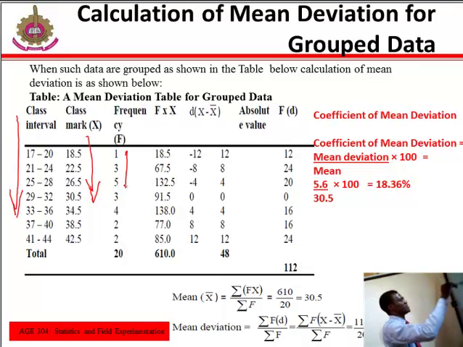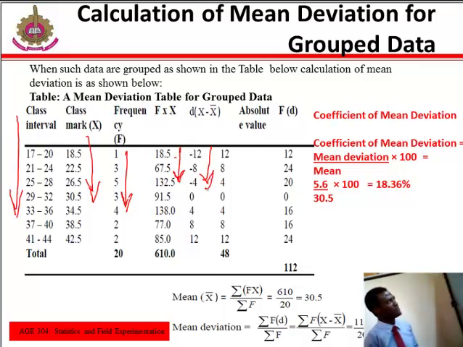Then we have the frequencies in the third column. In the fourth column, we have the multiplication of the frequency by the class mark, and then we have the deviation of the observations from their mean on the fifth column.